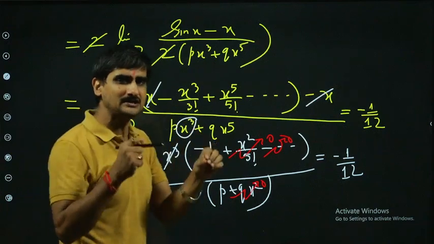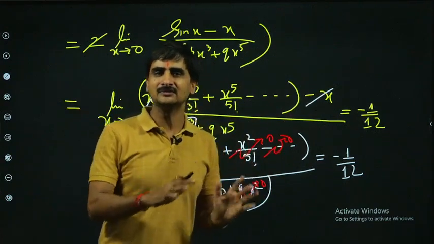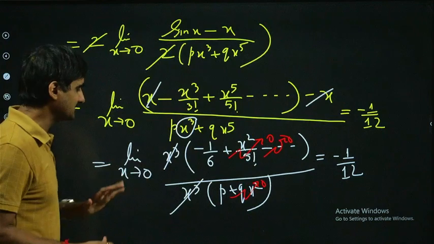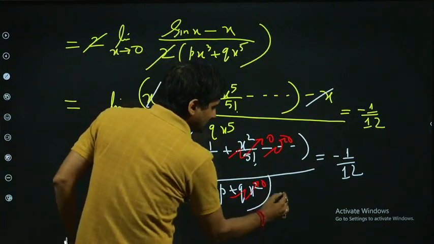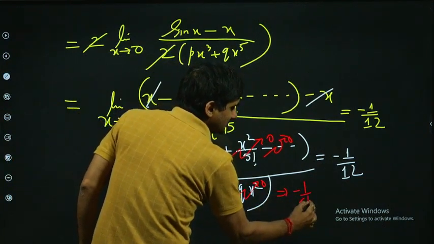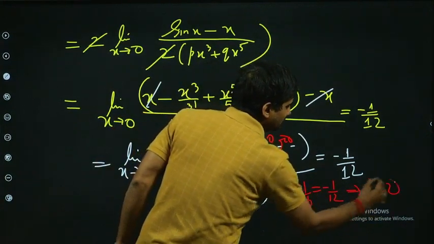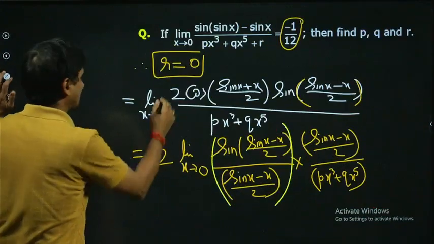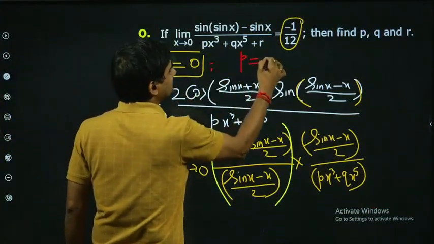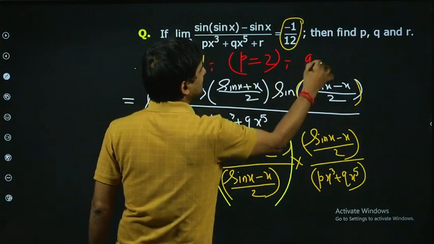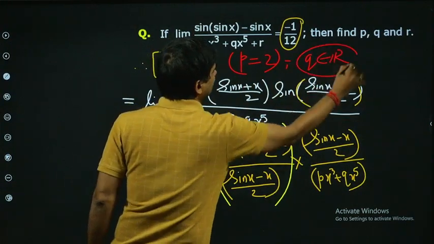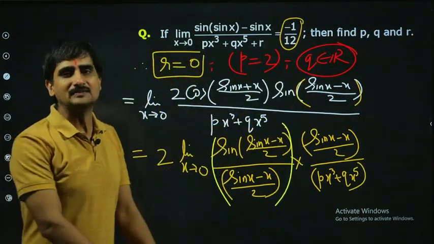Q can be any number, including 0. It can be any real number, doesn't make any difference. So minus 1 by 6p is equal to minus 1 by 12. So therefore p must be 2. So what we got? We got r as 0, p must be 2, and according to me q can be any real number. I think all of you will agree with me in this, bachcho.